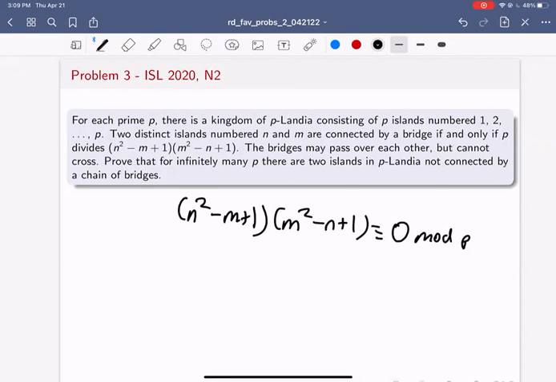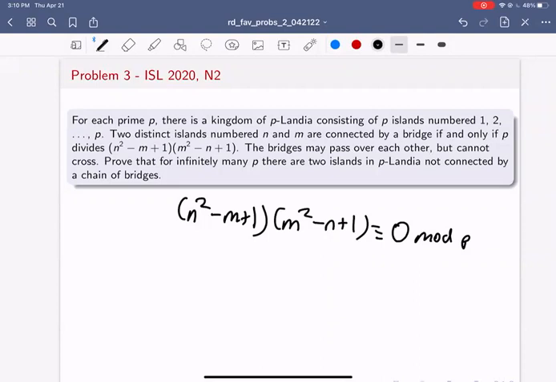And we want to show that there exists some group of k islands such that for any two islands in the group, you can reach them through a series of bridges, but you cannot reach any island outside of that group.